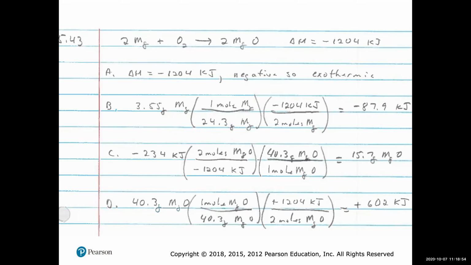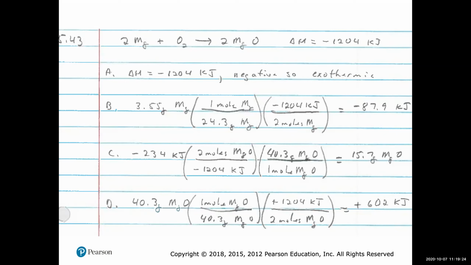Then in C, it wants to know how many grams of magnesium oxide are produced during an enthalpy change of minus 234 kilojoules. This is kind of like going the other way from the part B question. Instead of being given a mass, we're given an energy, in this case minus 234 kilojoules.